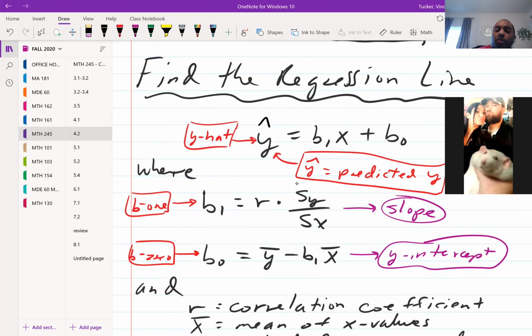Also take note that b1 is going to be your slope. That's what's sitting in front of x. And y-intercept is going to be b0. So I'll give you a chance to write that before I scroll up. In my math lab, I believe we'll ask you, what's the slope and what's the y-intercept.